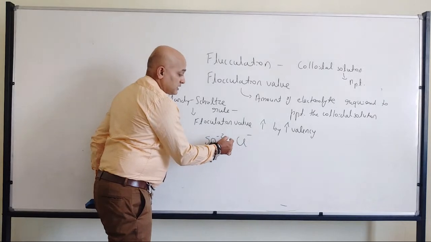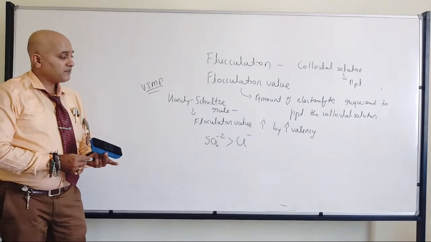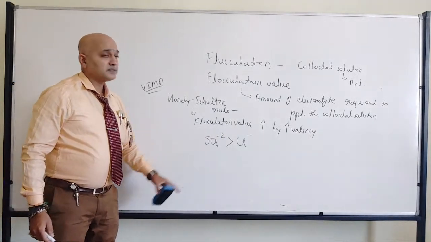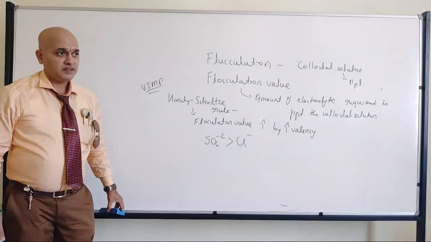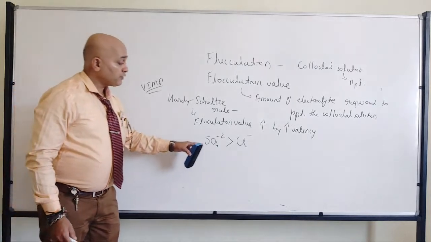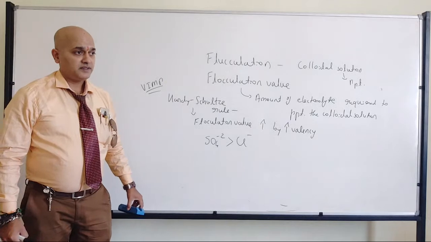So, the flocculation value for sulfate will be less compared to chloride, because sulfate is more efficient. The flocculation value will be less here, or I can say the flocculation capacity of sulfate is higher.